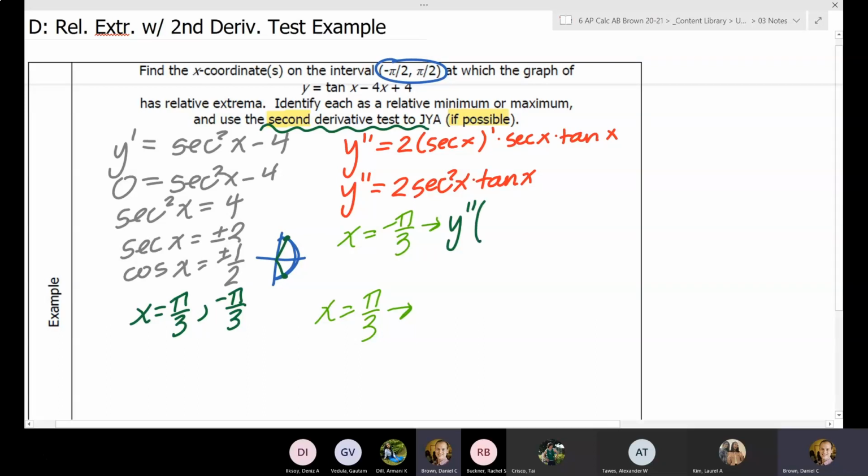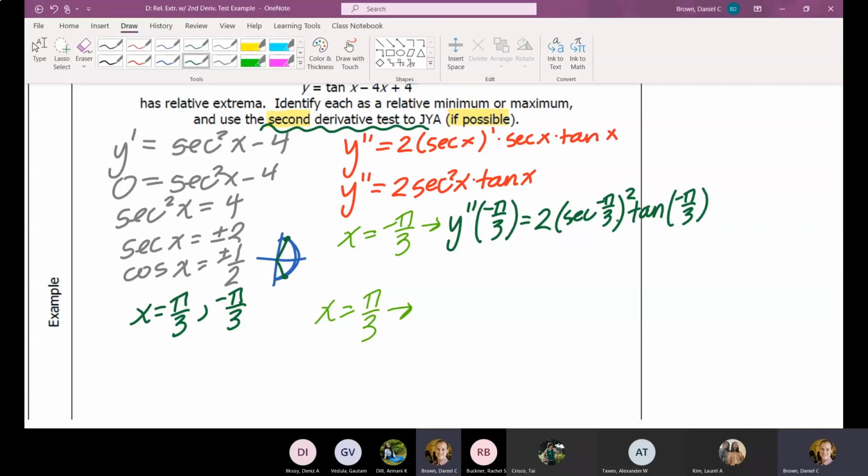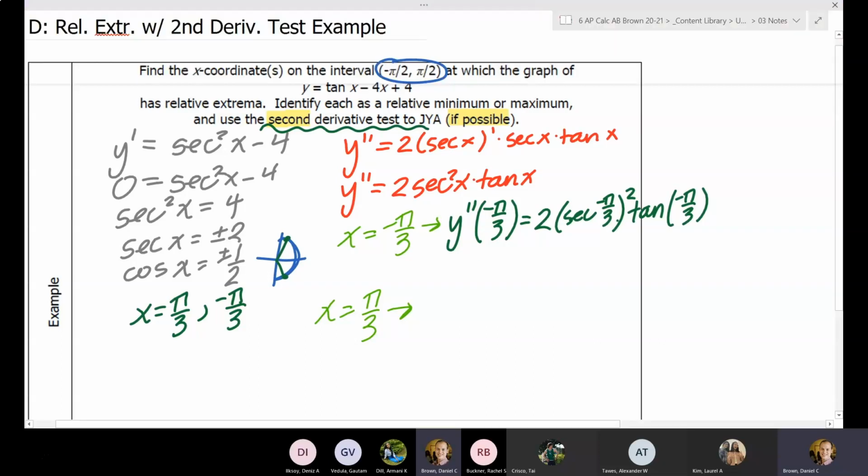So plugging in negative pi over 3, I have 2, the secant of negative pi over 3 squared, and then the tangent of negative pi over 3. Let's think about what this second derivative is going to be. 2 is a coefficient. Is it positive or negative? It's positive. And then I have secant squared.